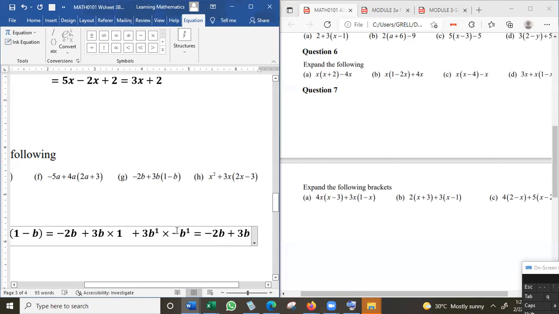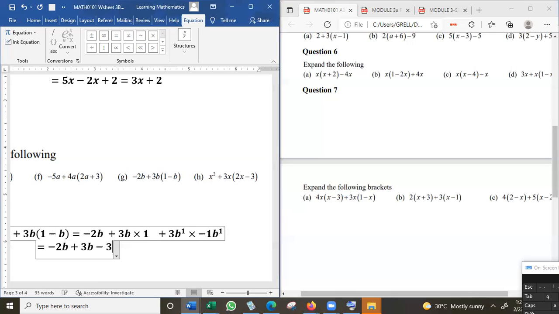We have to add the exponents when we are multiplying when the letters are the same. So that's negative, because of 3 times a negative 1, there's a negative 1 in front of that b there. A positive times a negative is a negative. 3 times negative 1 is negative 3b raised to the power of 2.